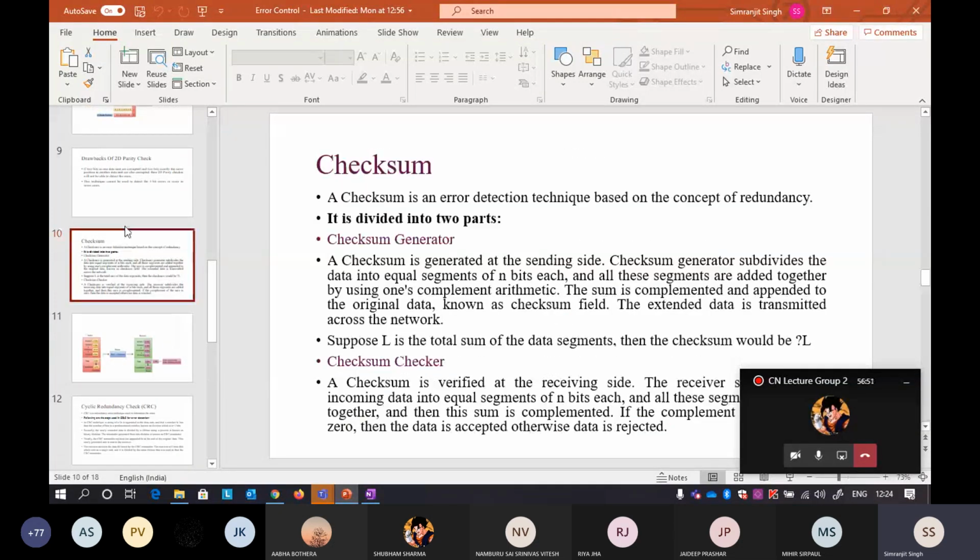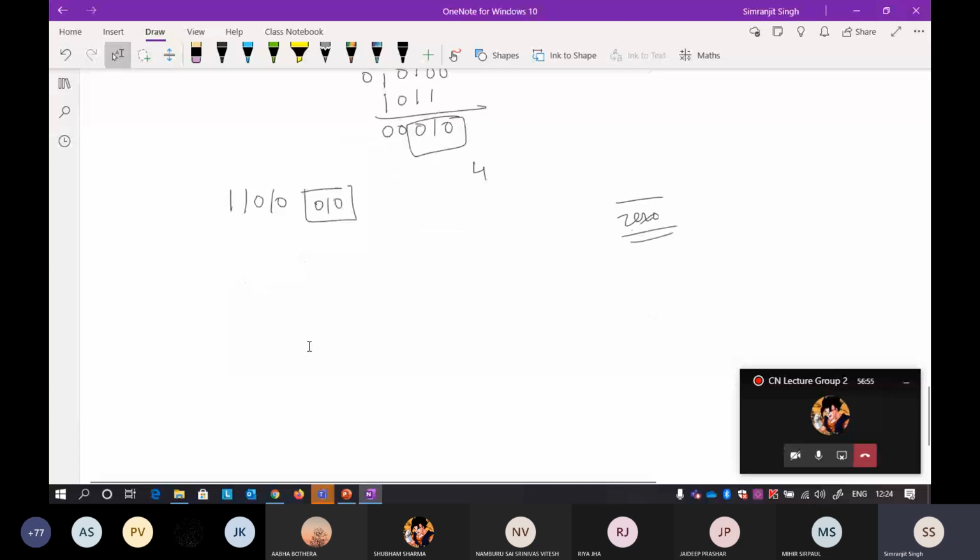Okay, so now checksum. Checksum is one of the simplest techniques. I'll take a simple example so you will easily understand it. Checksum is applicable on 16 bits, on 32 bits, and on 8 bits as well. It depends upon what the user wants.